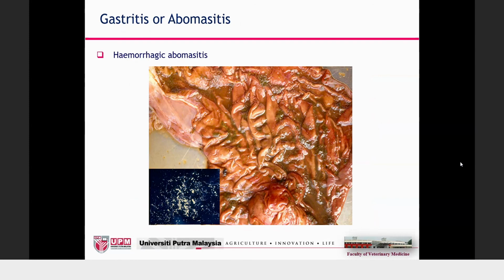This is very important in terms of hemorrhagic abomasitis. You look carefully there, a very high burden of Haemonchus contortus. We used to see these cases of haemonchosis very commonly. Very high burden of Haemonchus contortus loaded in the abomasum, like this one, so many. But lately we have very few, partly because we have fewer small ruminants, particularly goats and sheep.